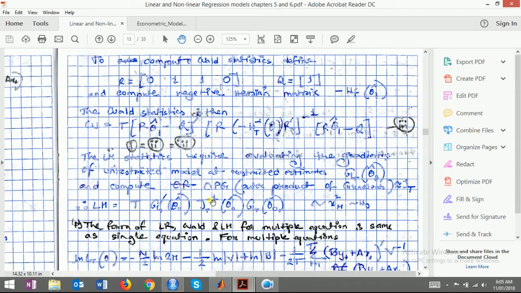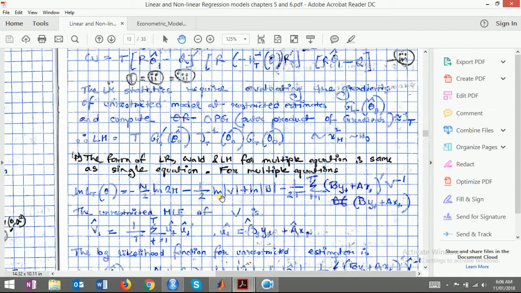The form of LR, Wald and LM for multiple equations is the same as for a single equation. For multiple equations, the log likelihood of theta is minus n by 2 log twice pi minus half log determinant of omega plus log determinant of B, in both cases absolute values, minus 1 by 2 T times B yt plus A xt transpose, which we are familiar with, we did this before, V inverse, B yt plus A xt.